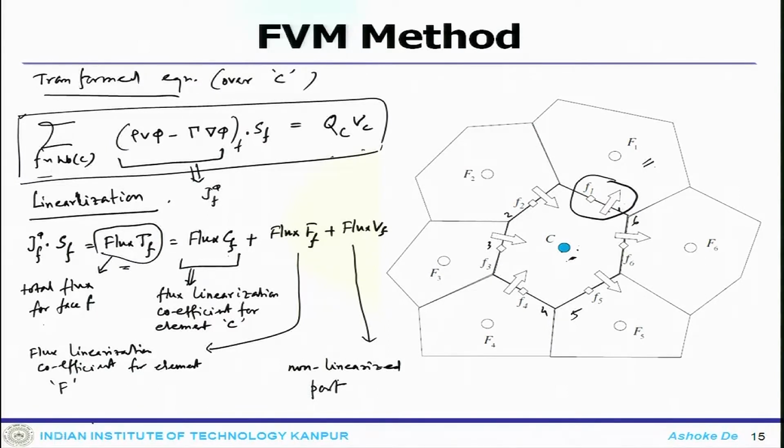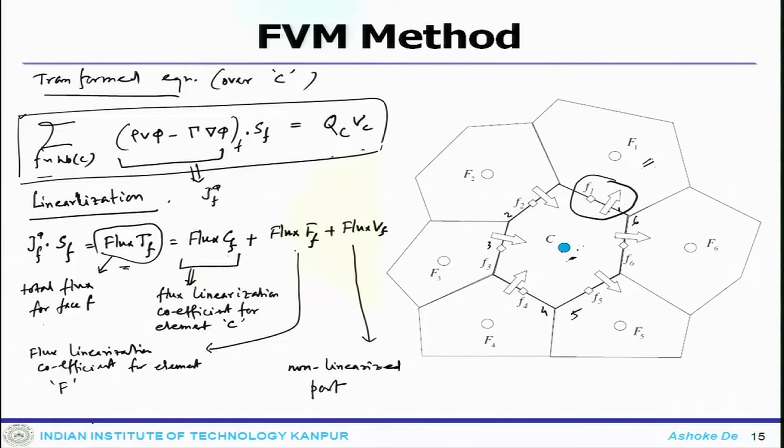Okay. So, you get 3 components. So, the total flux along a particular face is decomposed into essentially 3 components. One component comes from the element itself, the coefficient of the linearization. The second component comes from the linearization coefficient of the neighboring or the connecting cell along that face, and the third is the nonlinear part. So, if you look at all these 6 faces, you will have these components.